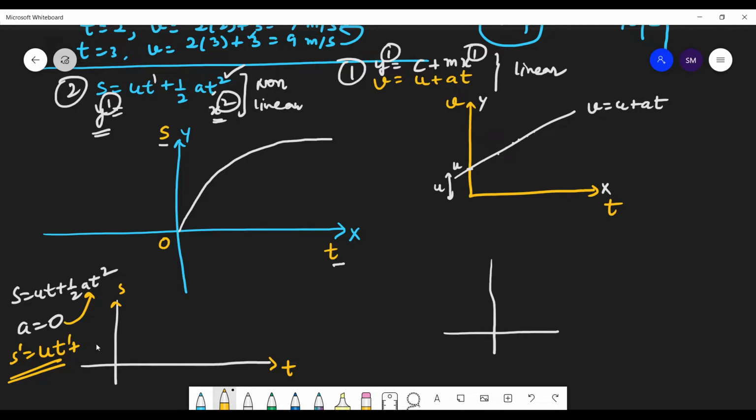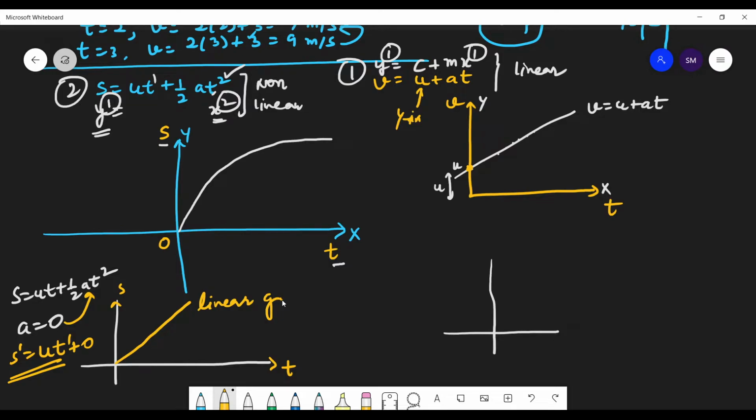Y-intercept is where this graph was intersecting the y-axis. Where will this graph intersect the y-axis? It is 0, right? So this will be my graph, which is a straight line. So linear graph in the case when a is equal to 0.